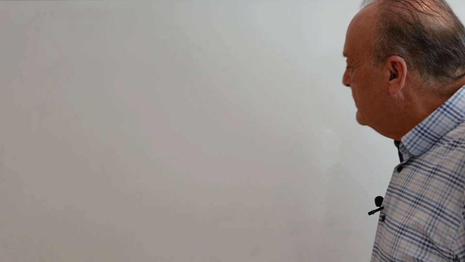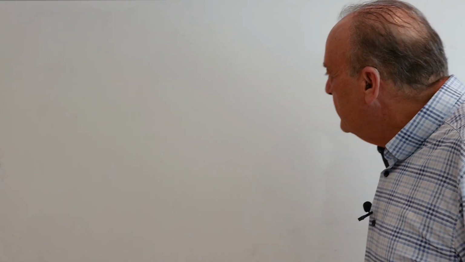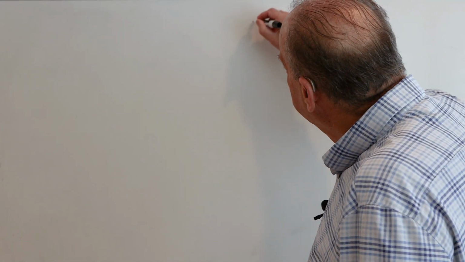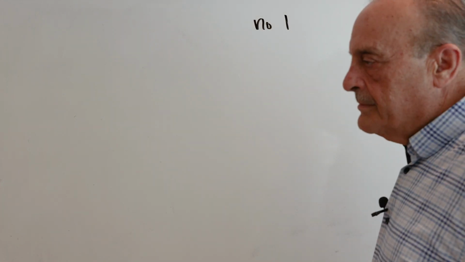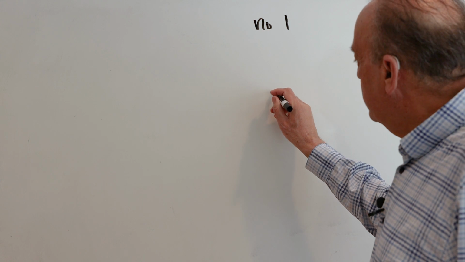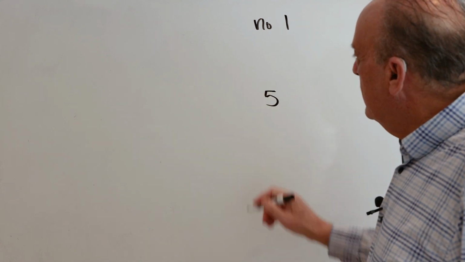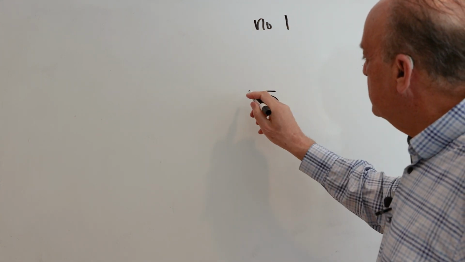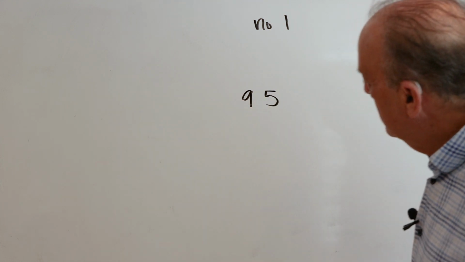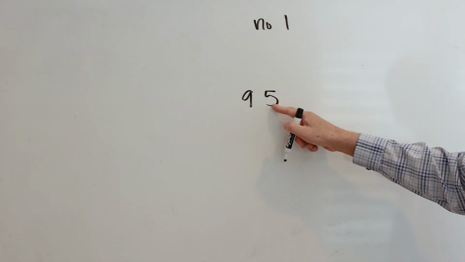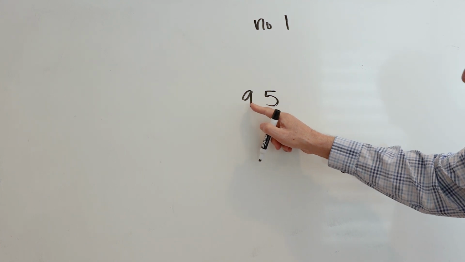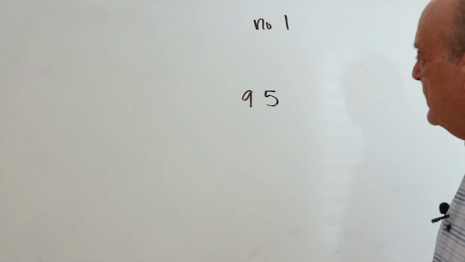So let's start with no 1. So we can put 5 here, and then the opposite of 1 is 9. So when d is 1, this is 5, and this is the inverse of 1, okay? The additive inverse of 1.